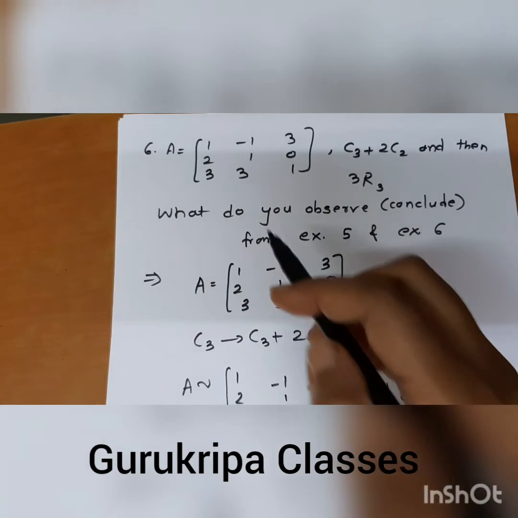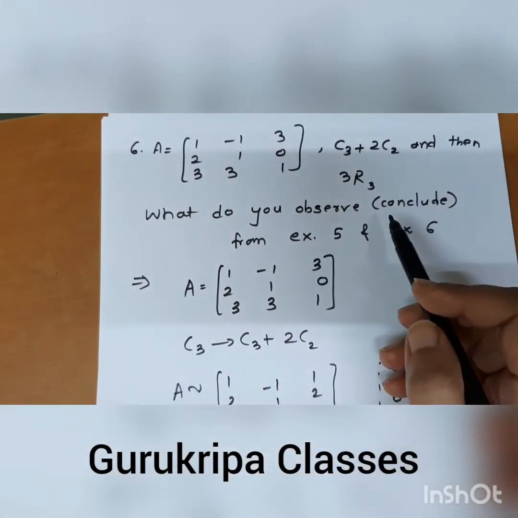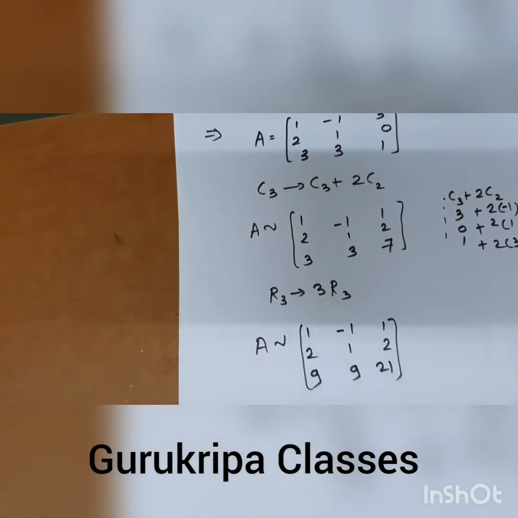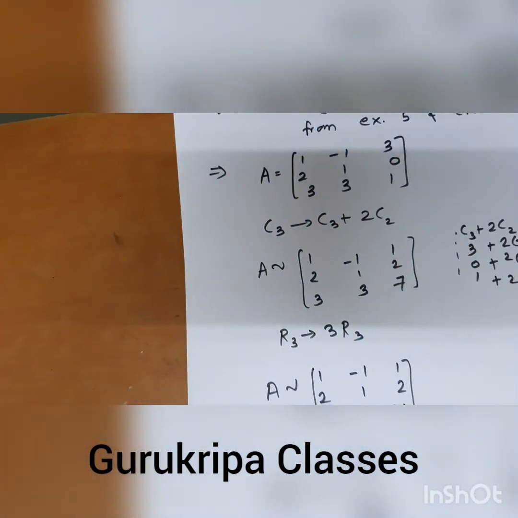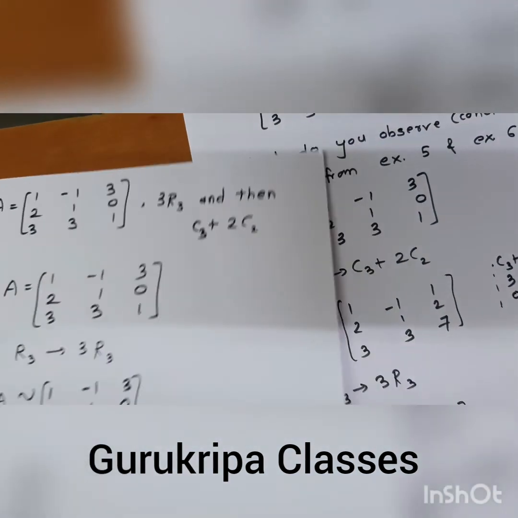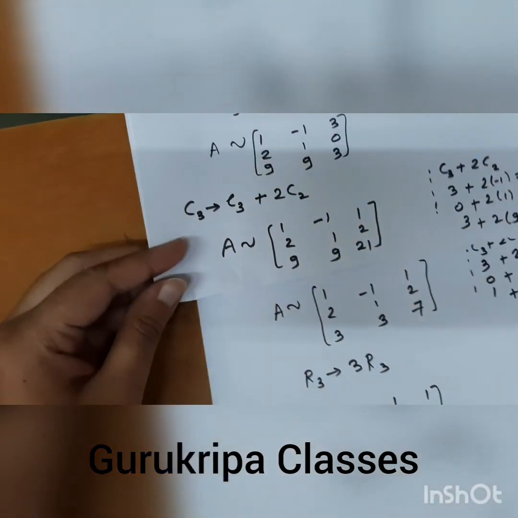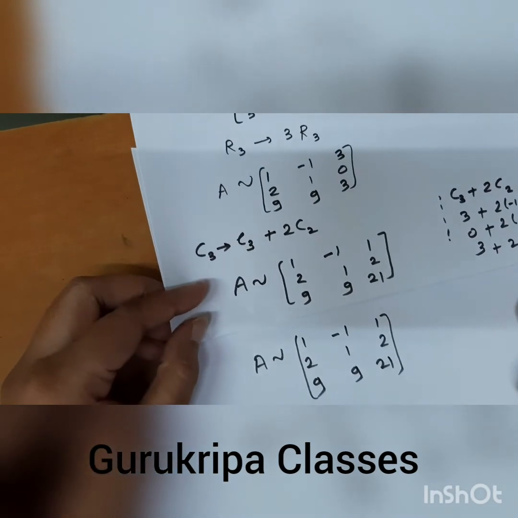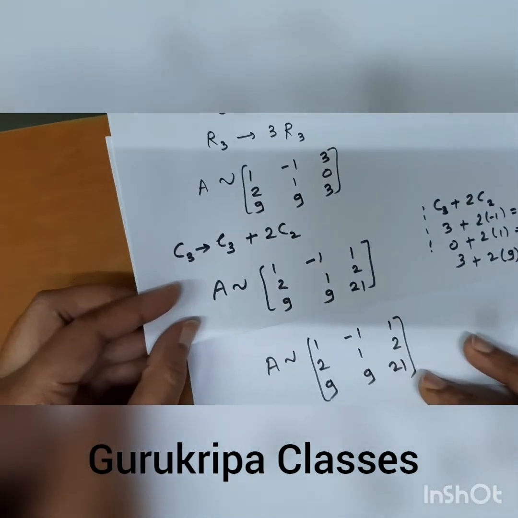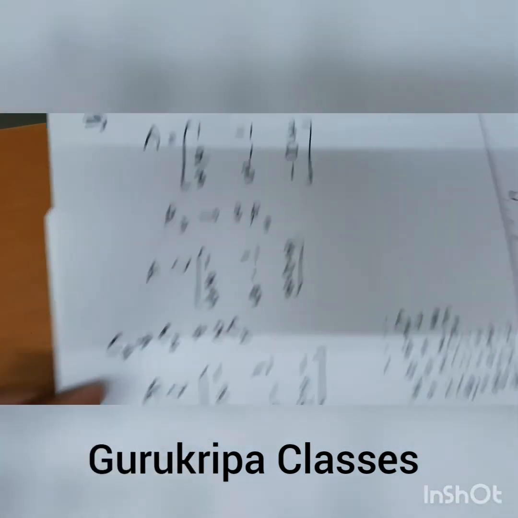The question is: what do you observe or what do you conclude from example 5 and example 6? So I am keeping example 5 here also, so that you will get it easily, what is the change or what is the answer from both. This is your example number 5 and this is your example number 6. Your answer is coming the same.